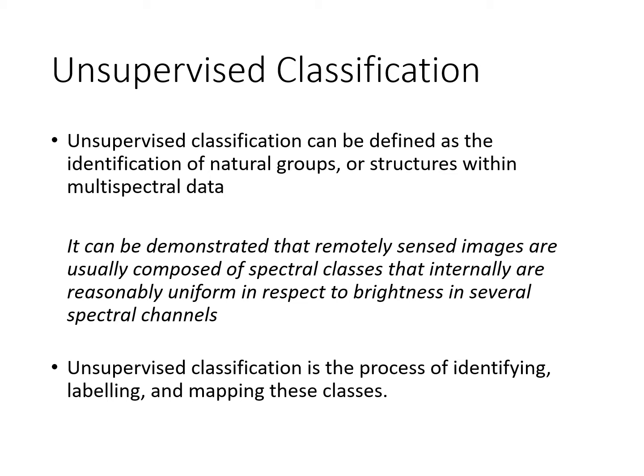They generally tend to have different spectral classes that are uniform with respect to each one of them and then distinct from other spectral classes. And unsupervised classification is just the process of identifying, labeling, and then mapping those classes.